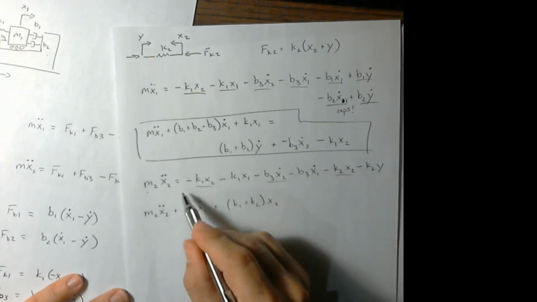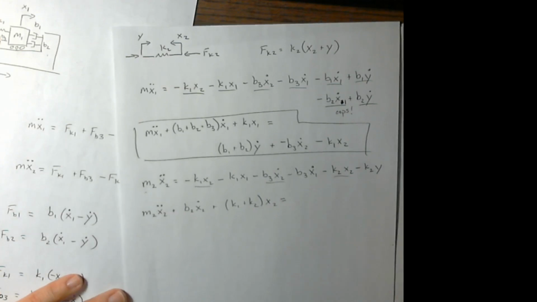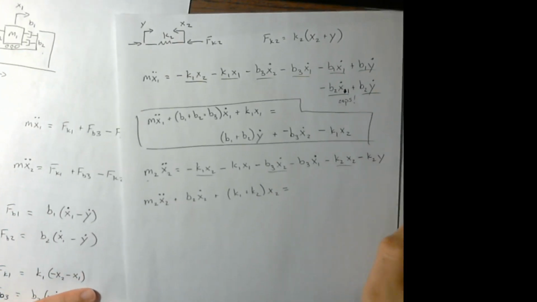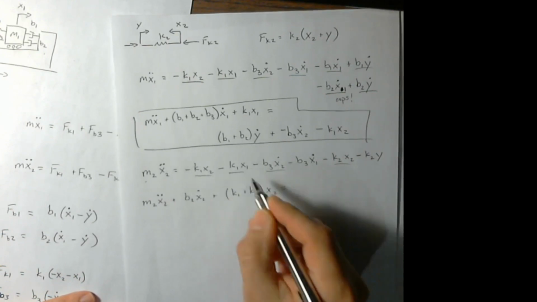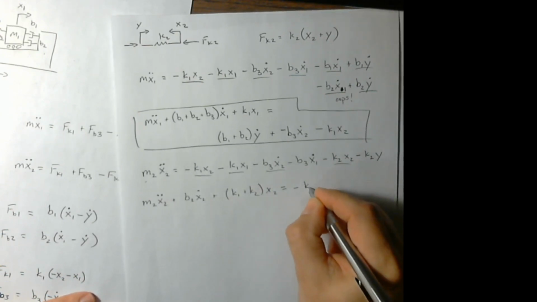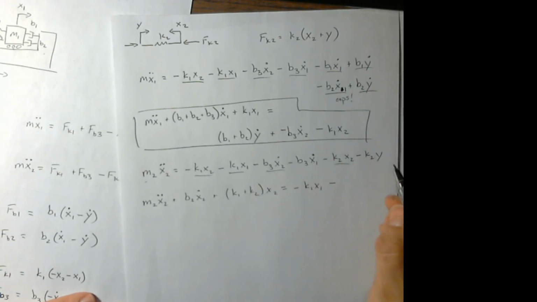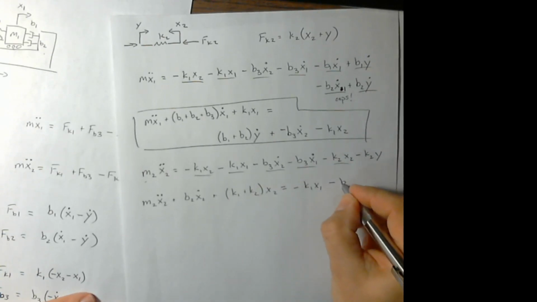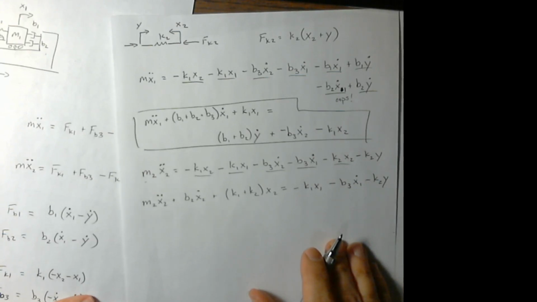If I group that all on the left-hand side, that's what I will get. And then on the right-hand side, we've taken care of those 3. On the right-hand side, we will have a negative K1 x1, a negative B3 x1 dot, and minus K2 y. Okay, we're done.